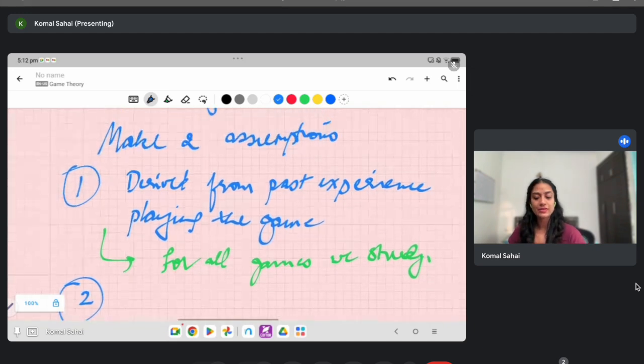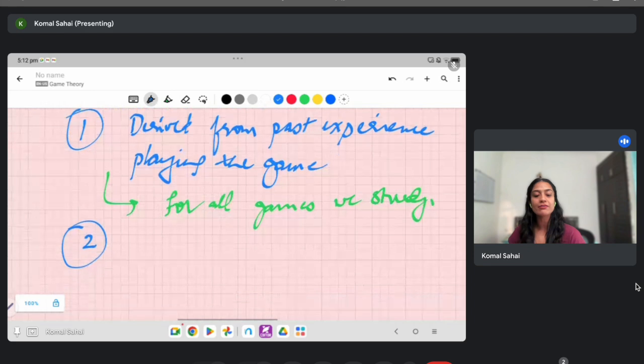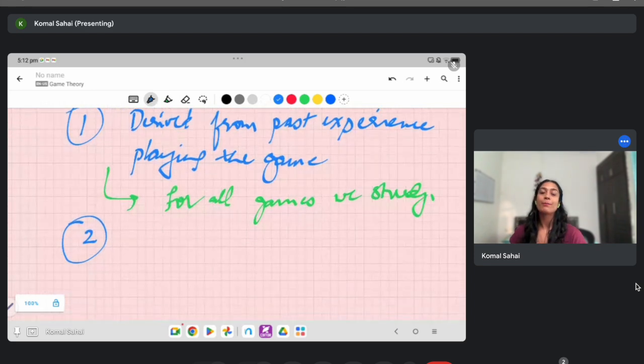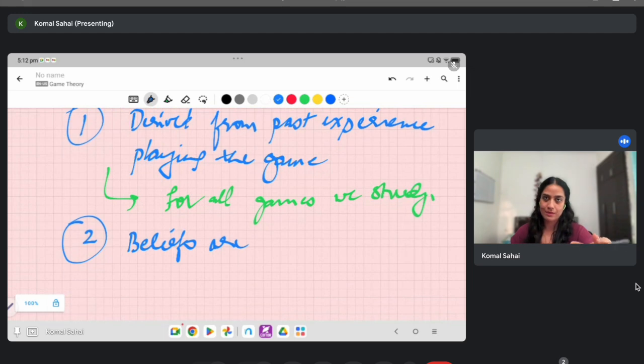So this is the first assumption, that the belief is formed based on a player's past experience in playing the game, right? And the second assumption is that the players have played these games so many times, the experience is sufficiently extensive, right? मतलब कह लो मंजे हुए खिलाड़ी हैं, ठीक?